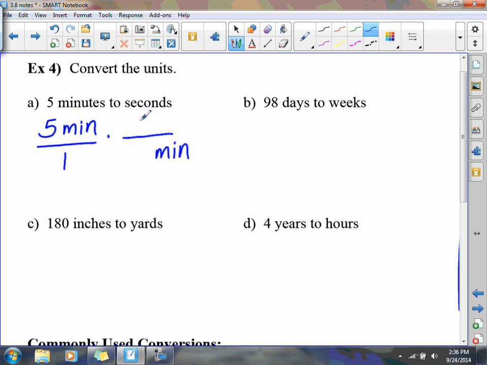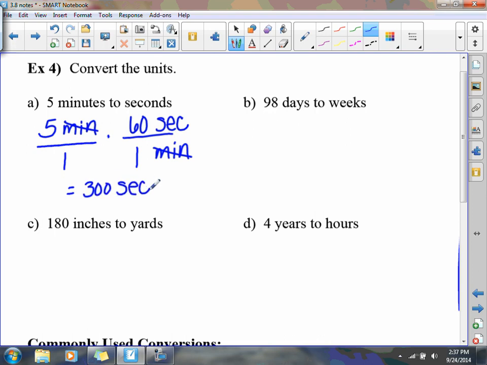So if there's 60 seconds in 1 minute, then I need the 60 seconds to be in the numerator and the minutes to be in the denominator. That way I can cancel out that unit of minutes. And now I just have to take 5 times 60 and I will get 300 seconds.